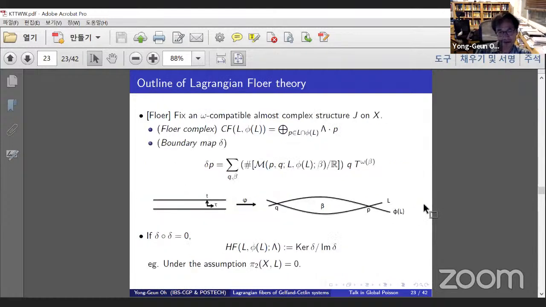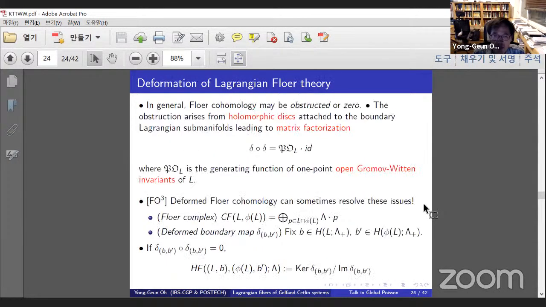The obstruction for delta square to equal 0 arises from the existence of holomorphic disks. I'll say more about that later. If there exists a holomorphic disk bounding the given Lagrangian manifold, those holomorphic disks provide some obstruction.